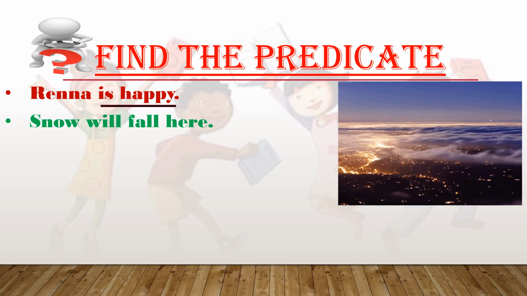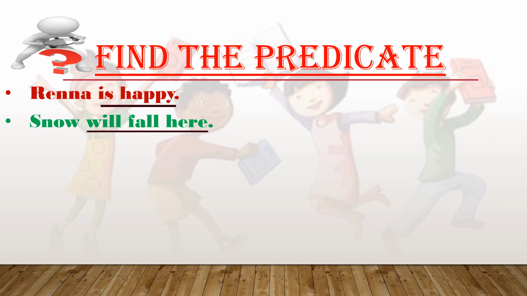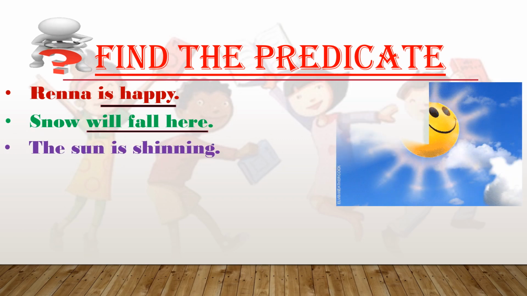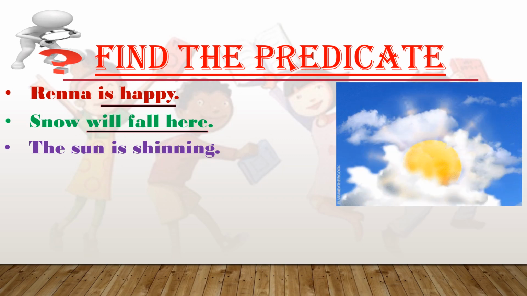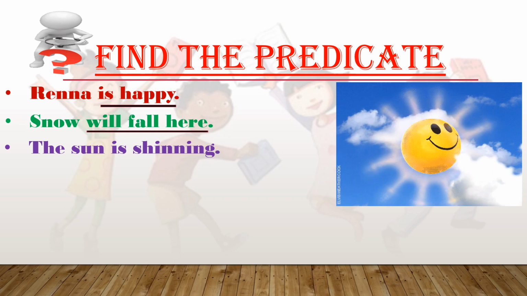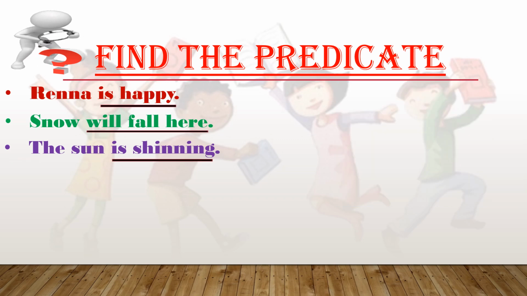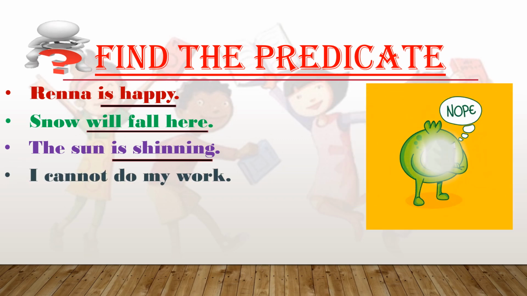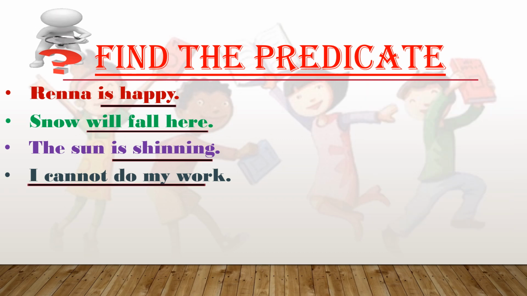Snow what? Will fall here. So will fall here is the predicate. I have another one. The sun is shining. The sun what? Is shining. So is shining is the predicate. I cannot do my work. I what? Cannot do my work. So cannot do my work is the predicate.